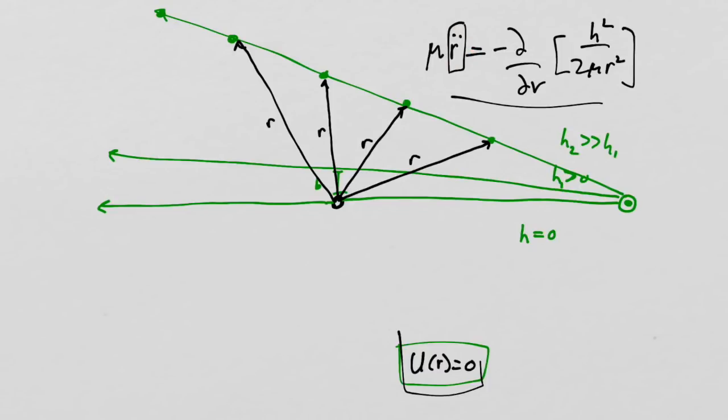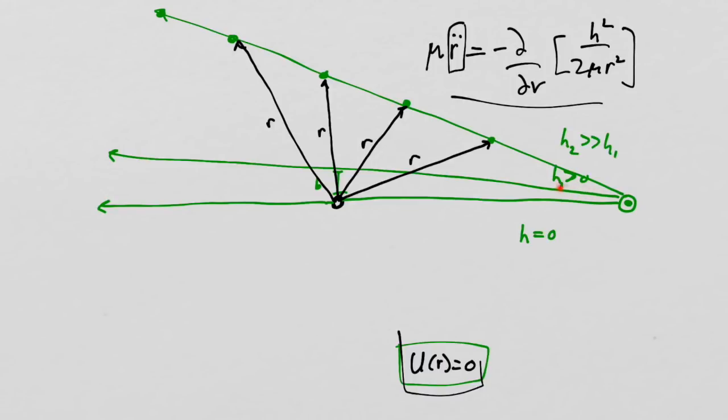And if you're on this track, r gets shorter and shorter and then longer and longer, but it does so at exactly a uniform and precisely straightforward rate. And, of course, the angular momentum here is 0, h is 0, this side is 0, so mu r double dot is 0, and, of course, you get no force.